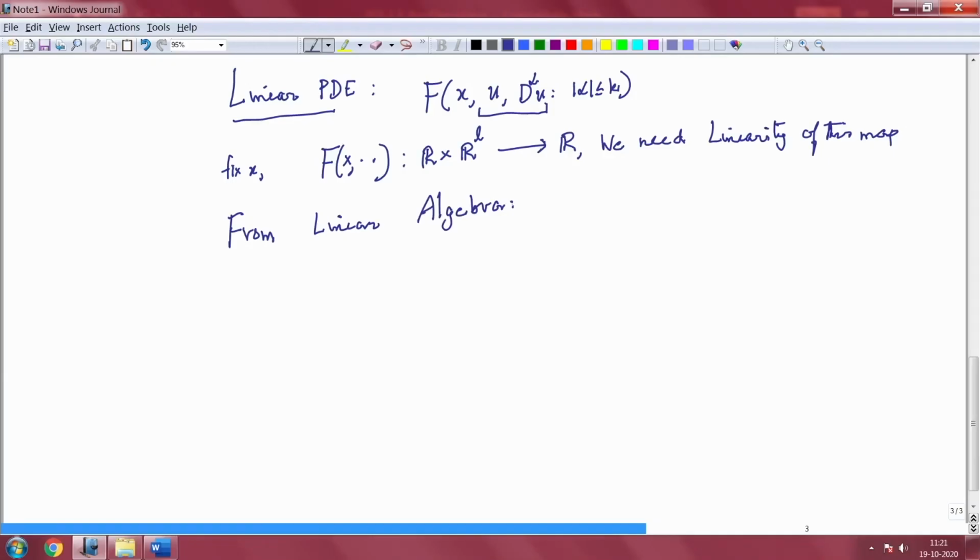Whenever you have a linear map on Rn, then that can be identified as a dot product basically. When you have linearity for each x, that vector will change, that is all, because whenever you have a linearity, every element can be identified with an element from Rn.